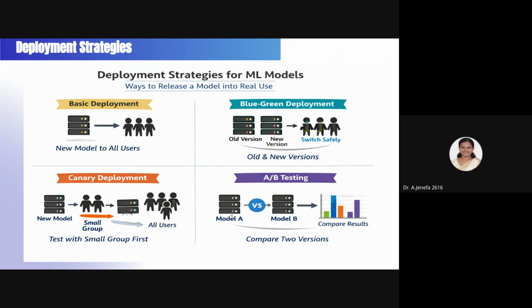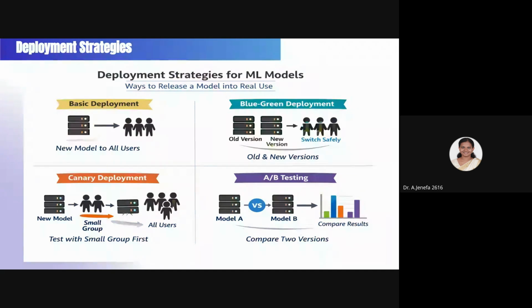Another one is A/B testing deployment. For a particular service, instead of having only one model, we will have multiple models. Whenever new incoming data is received from the server side, that new data will be executed by multiple models, and it will compare the results.